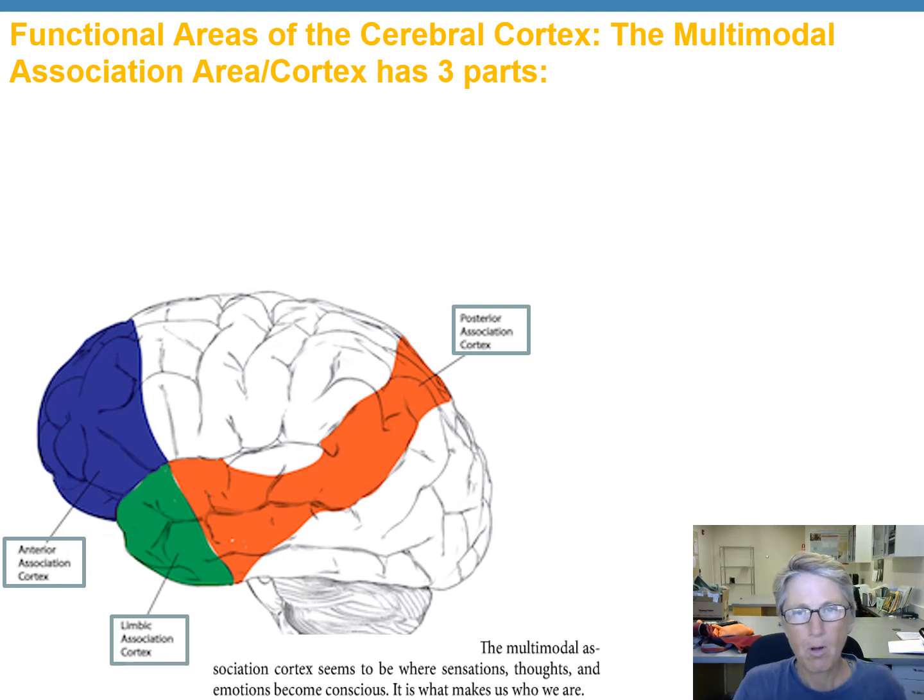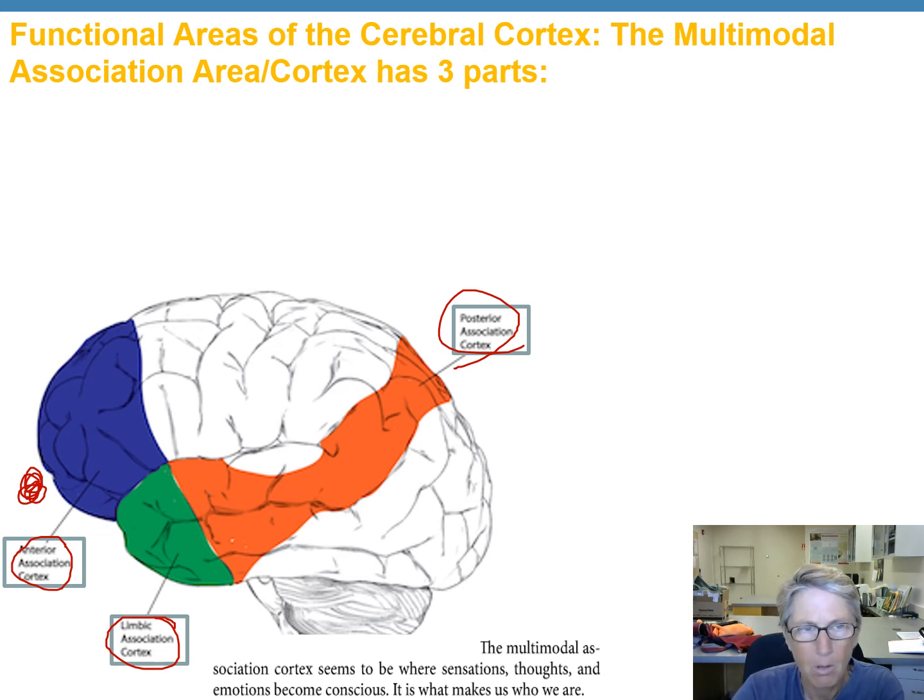So functional areas of the cerebral cortex. We had the motor areas, the sensory areas, and now we've got the multimodal association area or cortex, and it has 3 parts. Your eyes would be up here. The 3 parts are the anterior association cortex, the limbic association cortex, and the posterior association cortex. This is where sensations, thoughts, and emotions are.